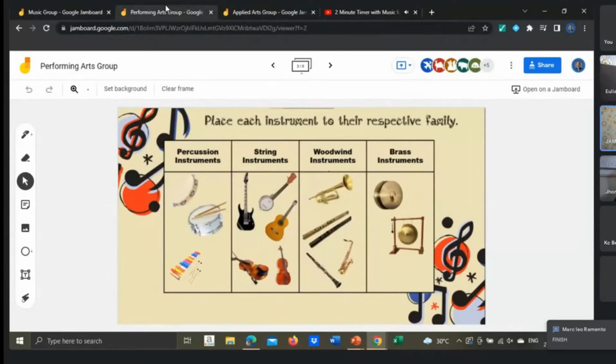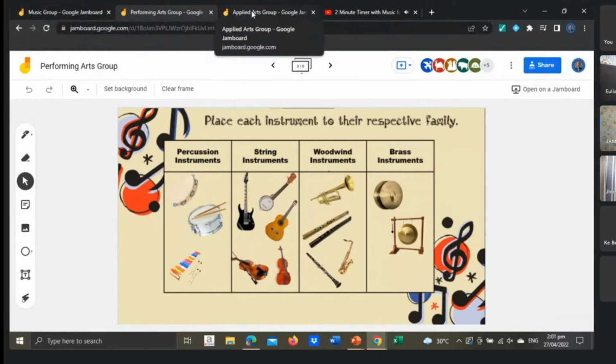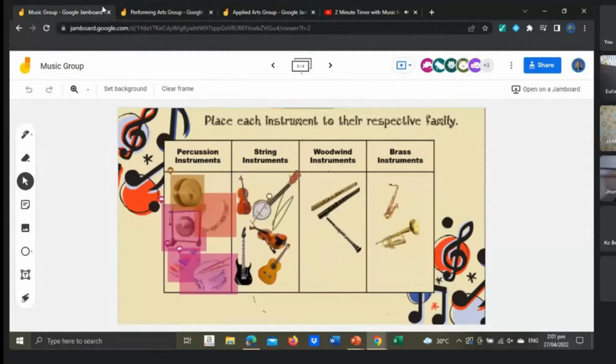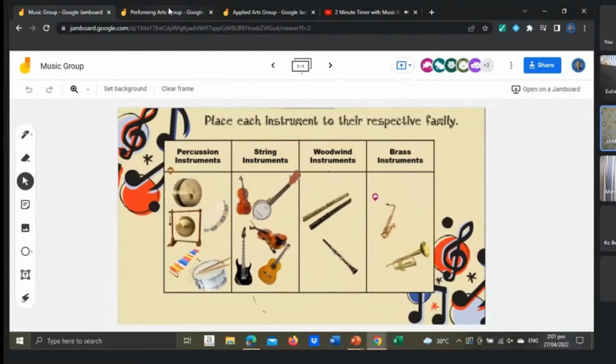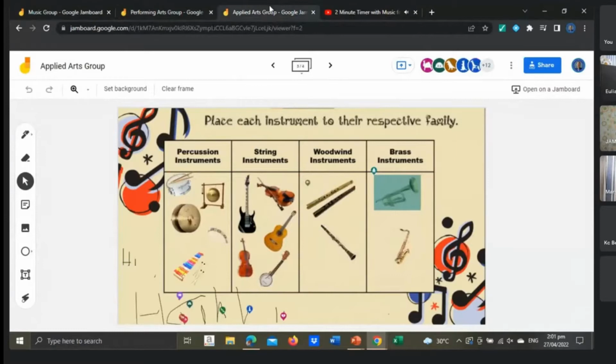We have here the LaSalle Chamber Orchestra and Las Verdes de Angono, the Applied Arts and the Music Group. They are already done. So kindly go back to our classroom now. You are done.